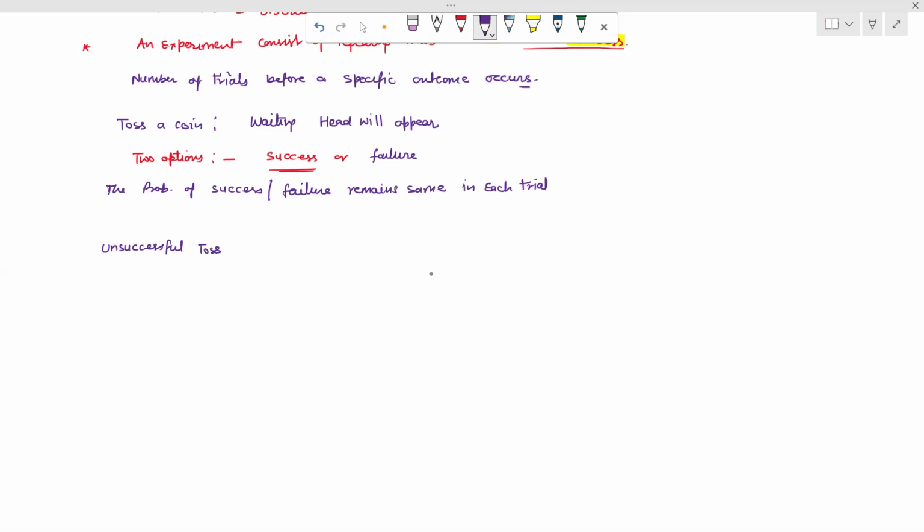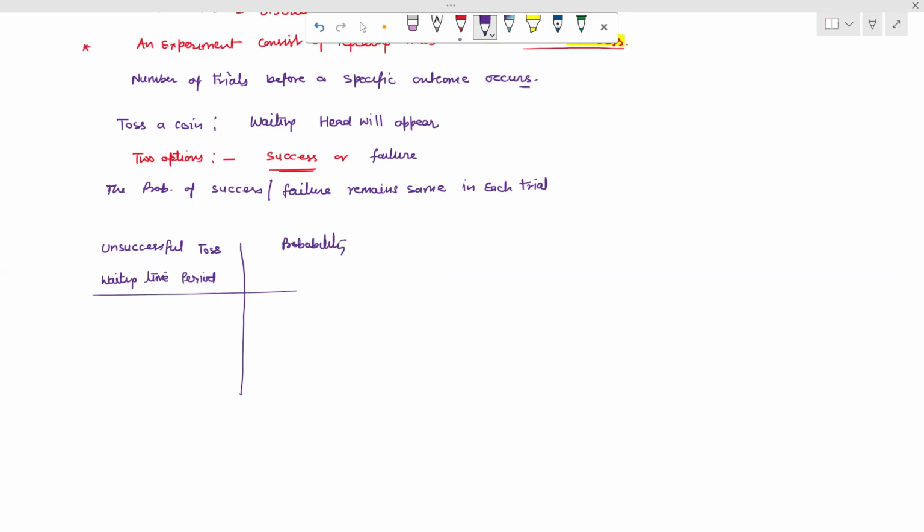In the unsuccessful toss, we calculate the waiting time period. What is the waiting time period? It is how many trials we do to get the success. Next, we calculate the corresponding probability.